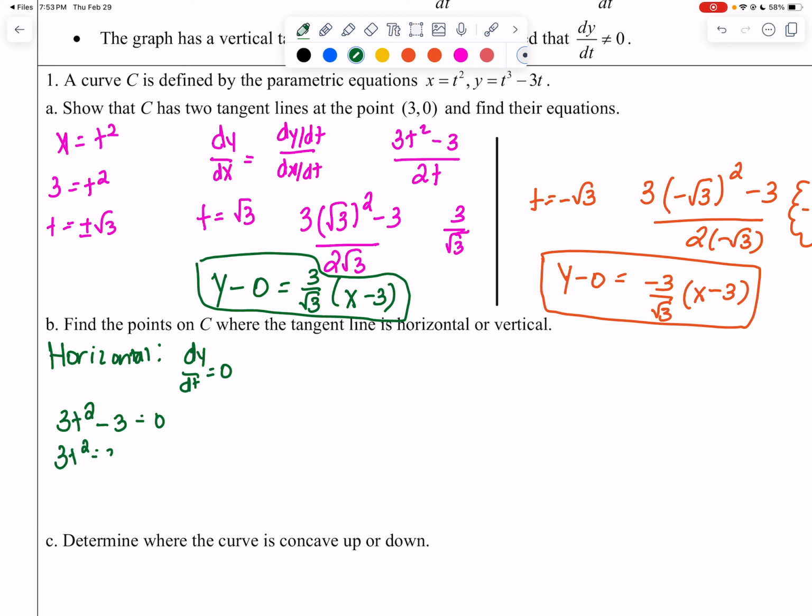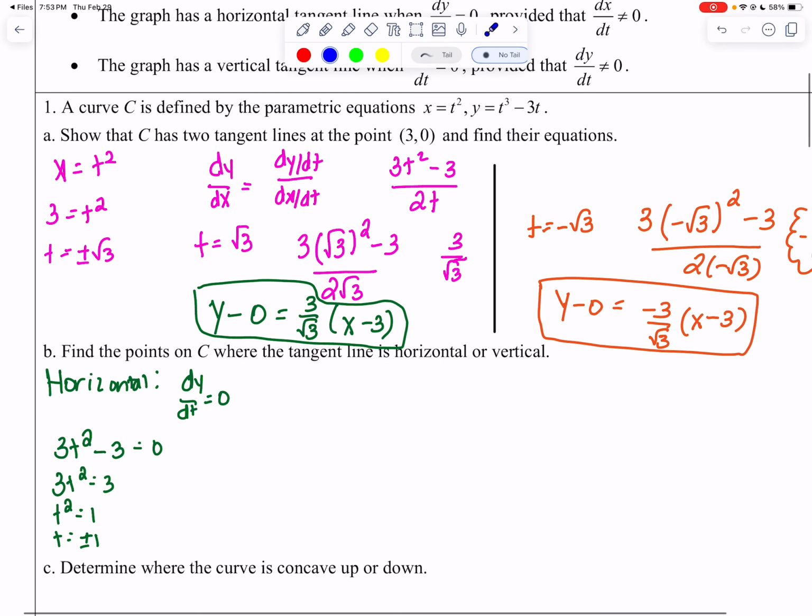Solve for t. That's when t is equal to positive 1 or negative 1. Now, I am wanting to find points, aka rectangular coordinates. Since I want rectangular coordinates, I'm going to go ahead and plug in a 1 here and 1 here so that I get my rectangular coordinate.